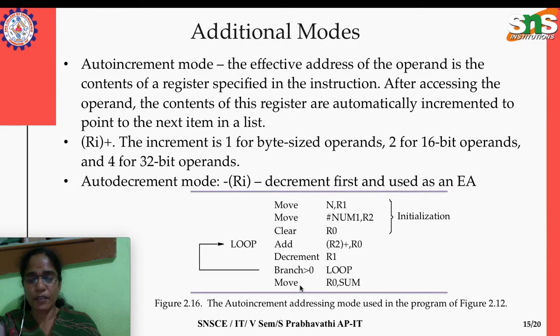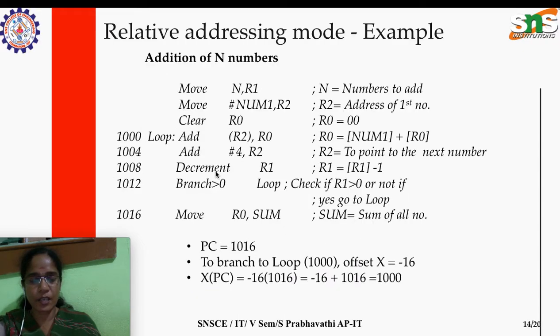For the previous example, the same example is given, so please take a closer look at the line before decrement R1. See here, the same program. Each and every time the looping condition is satisfied, we need to increment R2. What we are doing is simply adding 4 to R2, is it not? Each time the value 4 is added to R2.